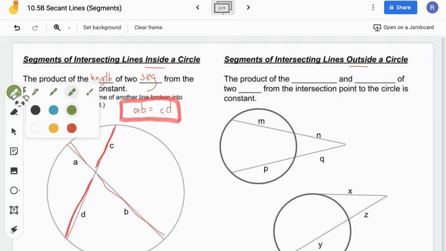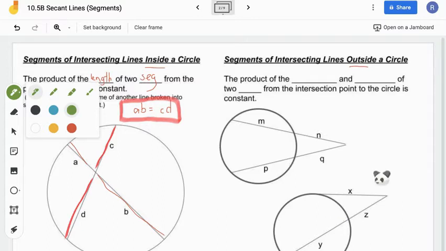And now the next situation that could happen is these segments could intersect outside of a circle. You'll see two situations here where they could intersect outside of a circle. You see some lengths of it, right?